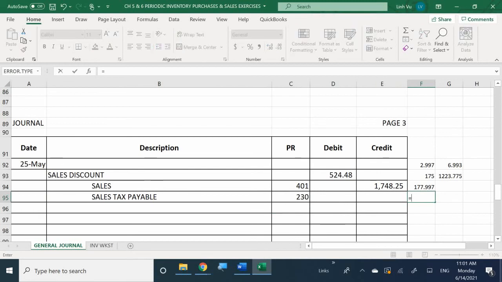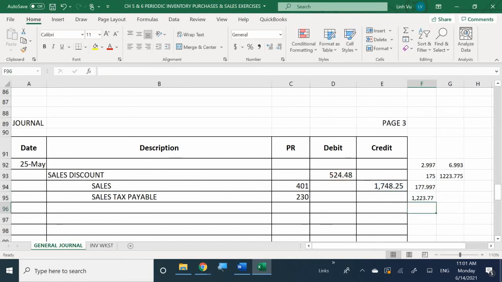How did you get that number? The sales tax times the 1748.25. That's for the full price. Can you charge tax on the full price if it's a sale? No, we're giving a discount. Right. So I got a sales tax of $100.96. That's what I got.